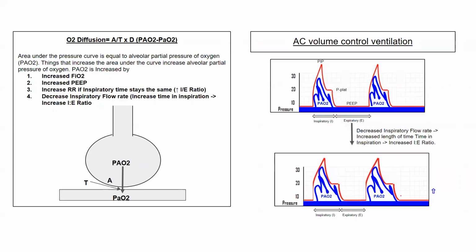And lastly, and this is the hard one, if you decrease your inspiratory flow rate, you're going to increase the amount of time that you're spending in inspiration because it's going to take longer to deliver that inspiratory breath. It's going to increase your PaO2 over time. Those are all the ways that you can increase your PaO2, specifically by changing the I:E ratio. So 3 and 4 will increase your I:E ratio. So remember, increasing your I:E ratio will increase your oxygenation.